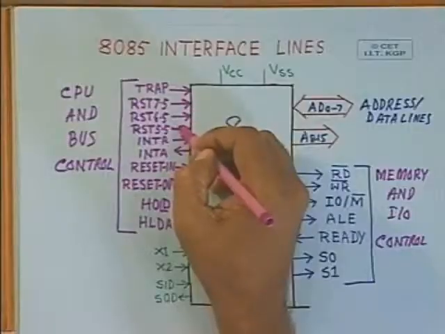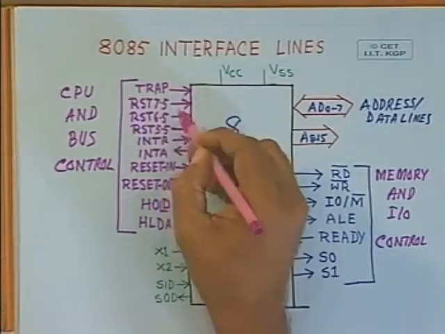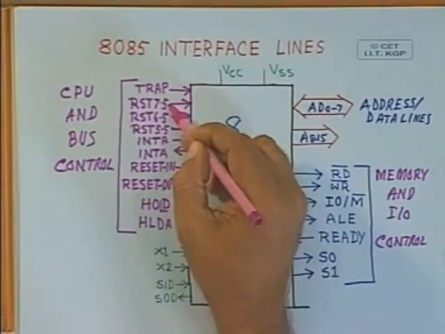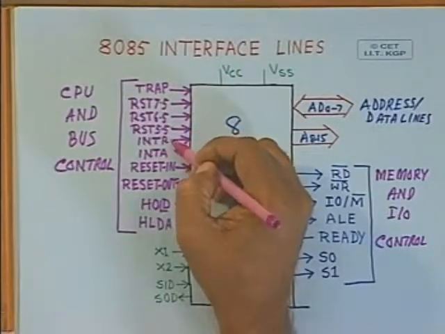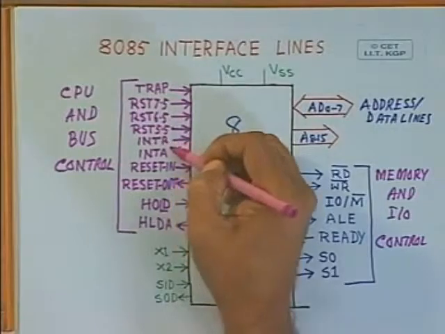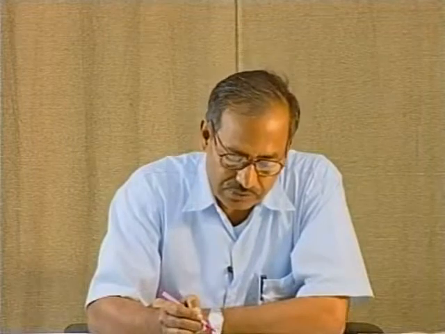Another has to be maskable. And in case of 8085, trap is that non-maskable interrupt. On the other hand, RST 7.5, 6.5, 5.5, INTR, these are all maskable interrupts. By that we mean, by programming, those interrupts can be ignored or disabled, but trap cannot be disabled or ignored.